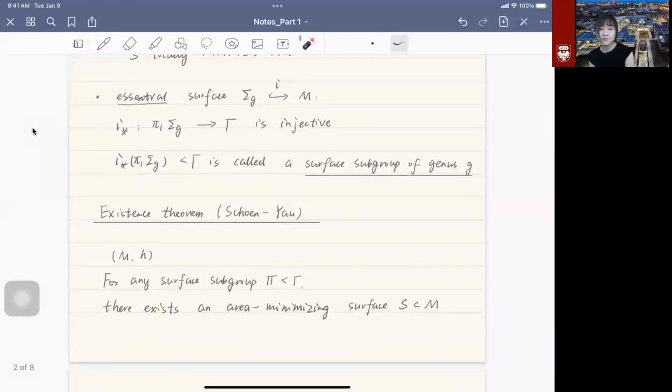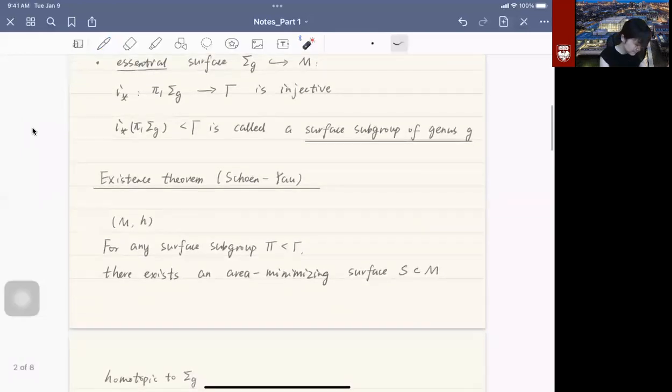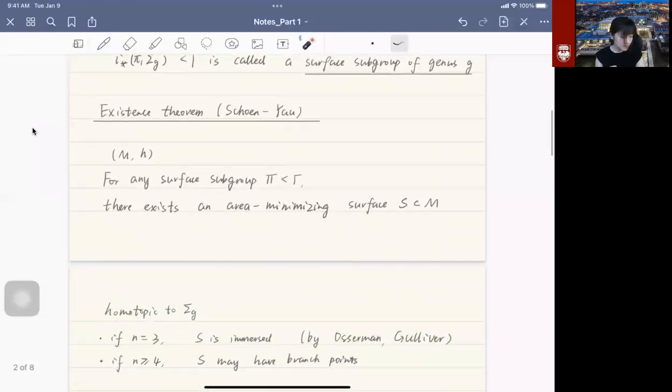Okay, and apart from these notations, I will also want to mention a classical result given by Schoen and Yau. This is very useful in our talk. In the manifold M, suppose we already have an essential surface Sigma_g. Then the result says, from here, it corresponds to a surface subgroup pi.